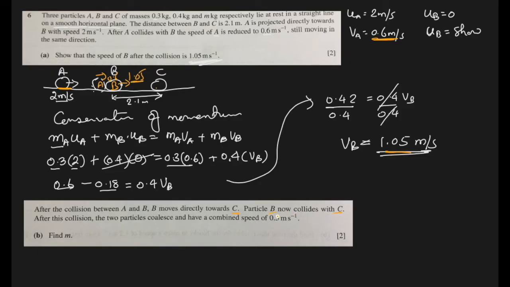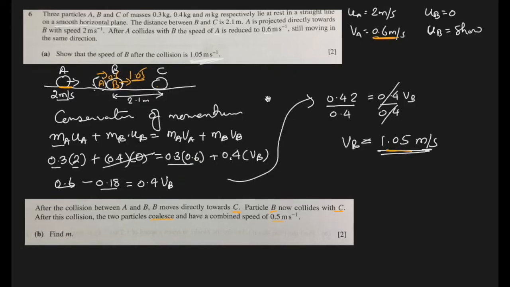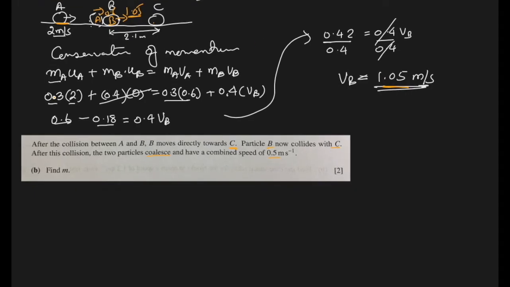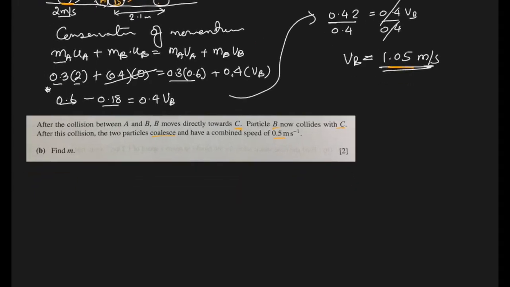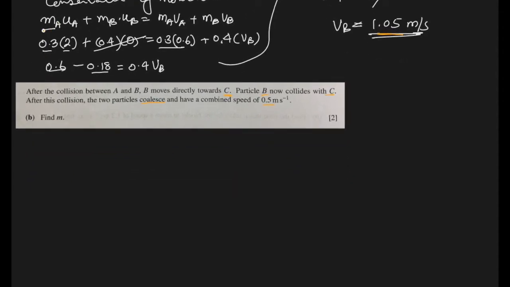See, they are saying here: after the collision, the two particles coalesce, meaning they become one body and have a combined speed of 0.5. Find M. Nothing different, only that this conservation of momentum equation will change. What will that be?